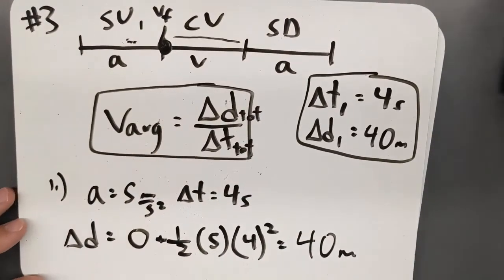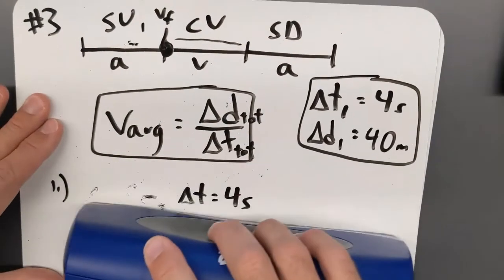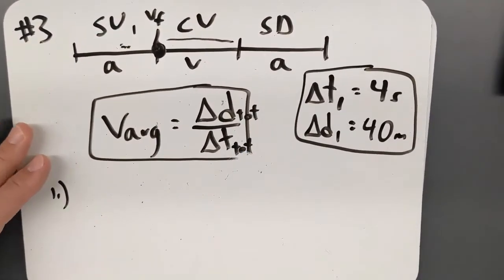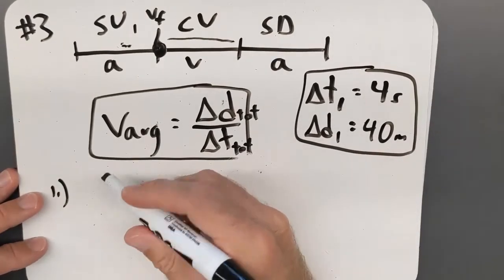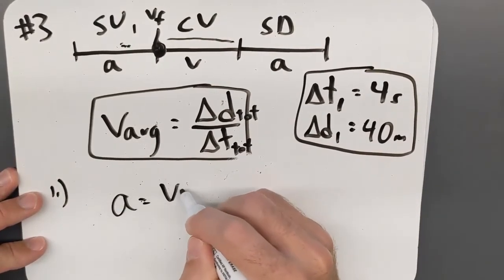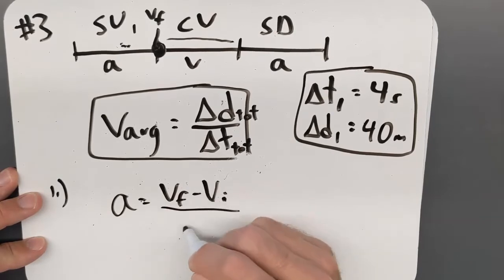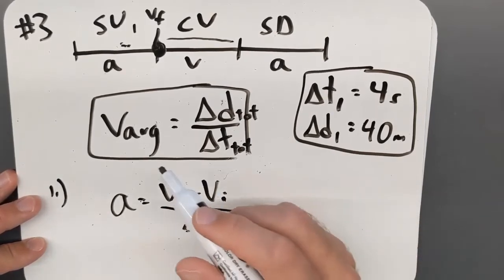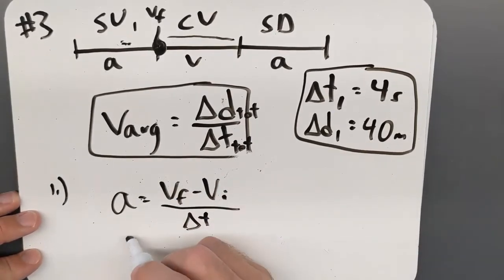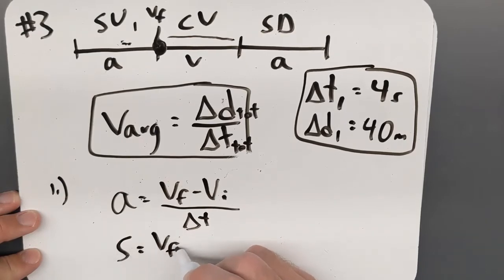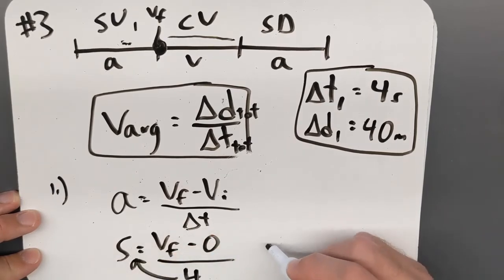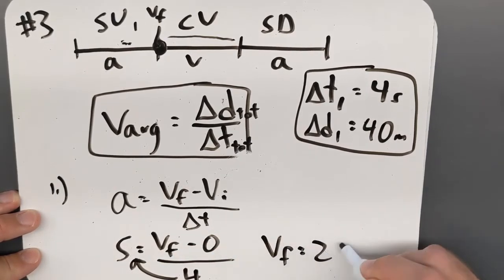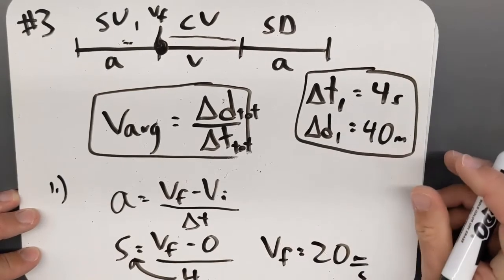So now to solve for the final velocity for part 1, well, I have the time. I'll just use A equals V final minus V initial over delta T. A I know is equal to 5. V final is what I'm looking for. It starts from rest and the time is 4 seconds. So algebra, and I get V final is equal to 20 meters per second.